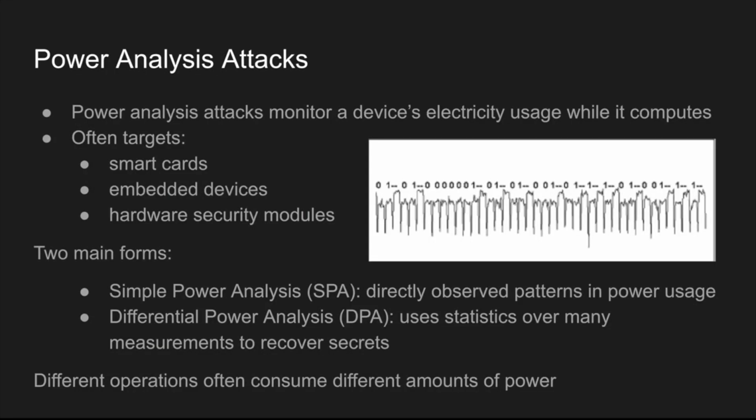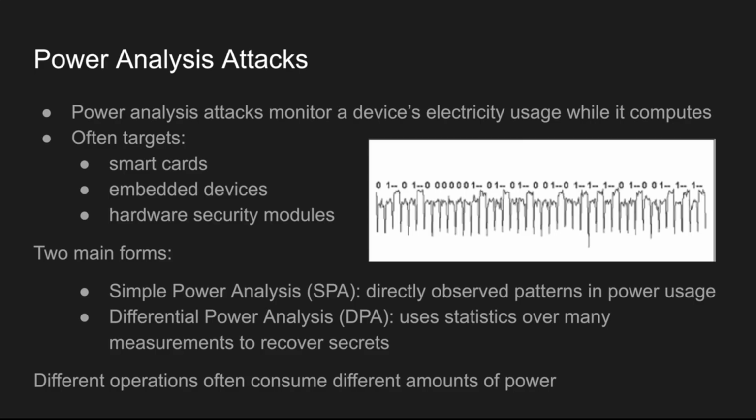Side channel attack that I'm going to talk about is power analysis attacks. In a power analysis attack, the attacker measures how much power a device uses while it performs encryption or another sensitive task. Even though the device is running a secure algorithm, different operations and data values can cause small variations in power consumption. These variations form patterns that can be recorded and analyzed.